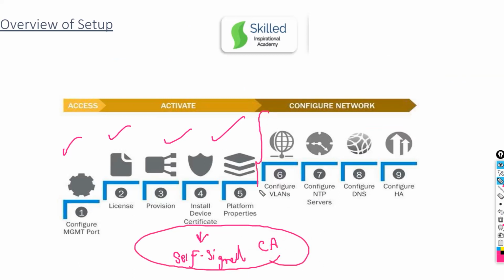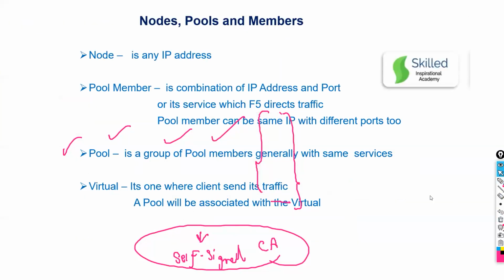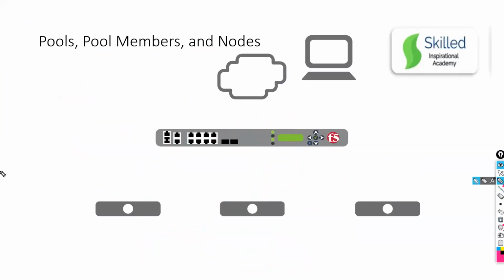Now guys, we will talk about VLANs configuration. Before that, I want you to tell me, in this picture representation, what is node, what are servers, what are virtual servers.